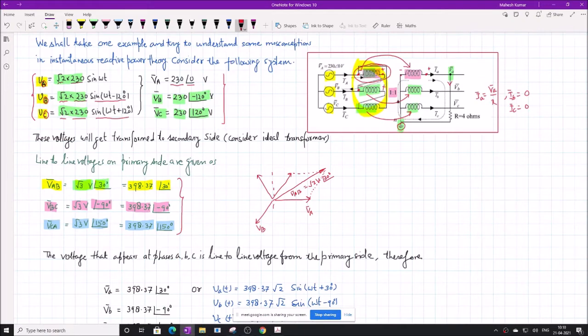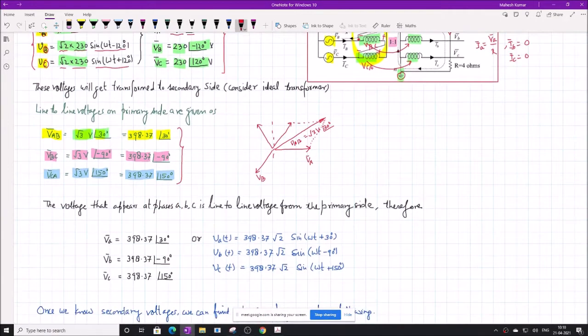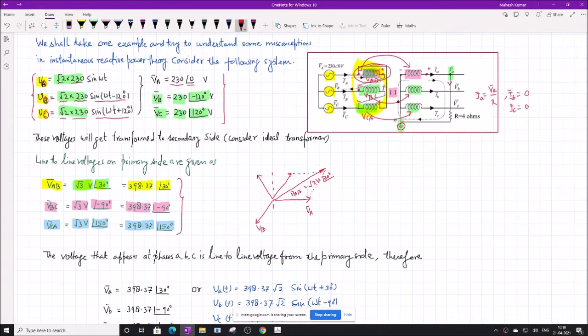So this is V_CA, this is V_BC, this is V_AB. Now by induction, these voltages appear as phase voltages on the secondary side, because this V_AB winding reflects the voltage here, minus plus.